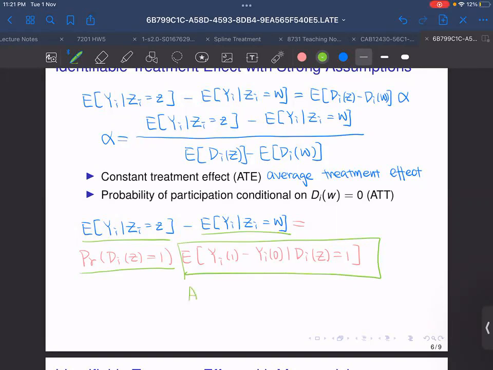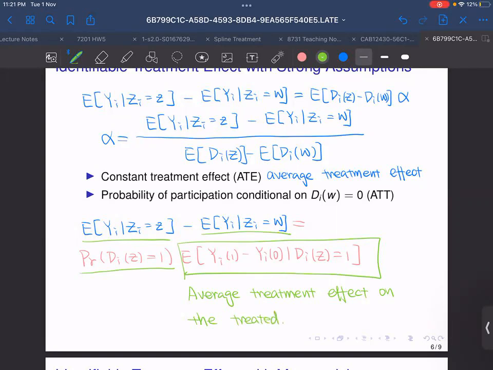It is the average treatment effect on the treated, right?